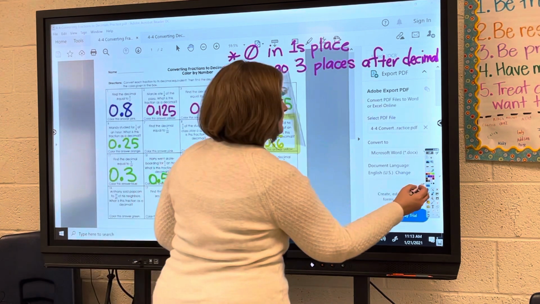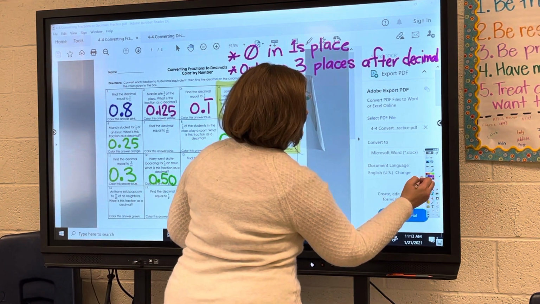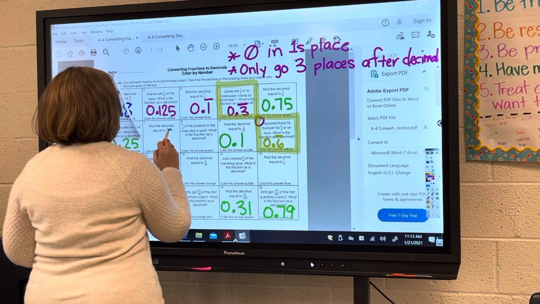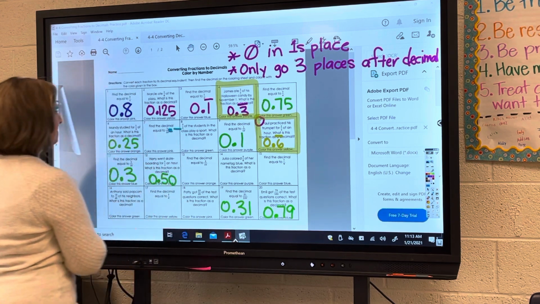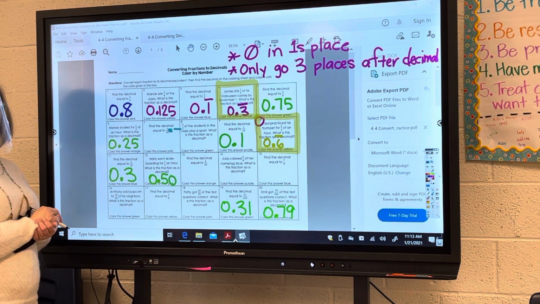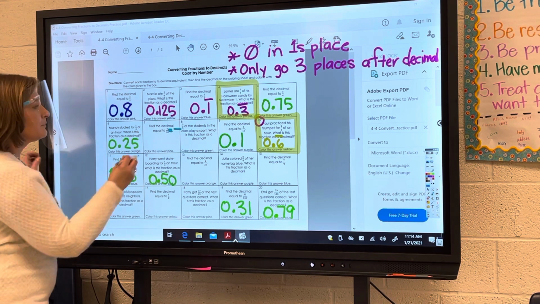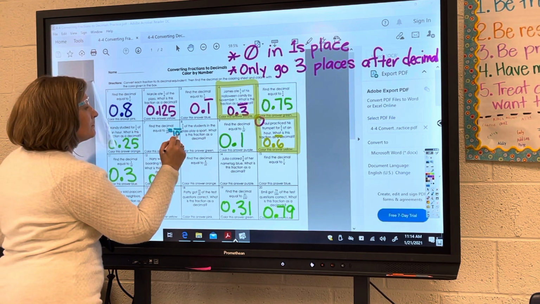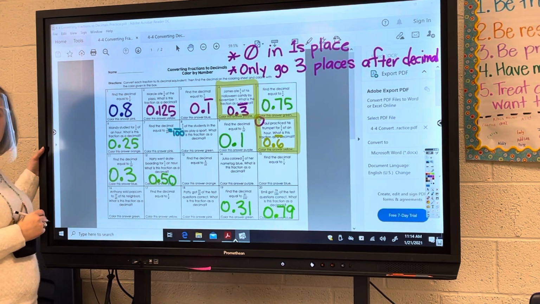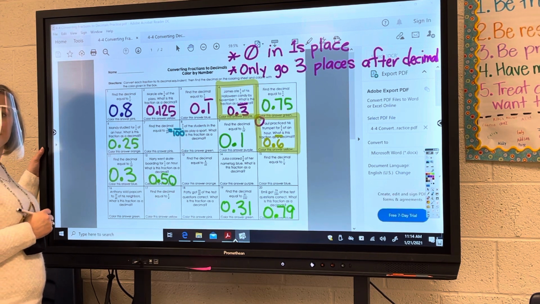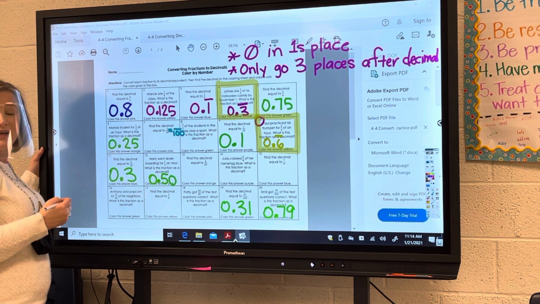You want to change the 20 to what? I could change the 20 to 100. What could I multiply by? 20 times what's 100?